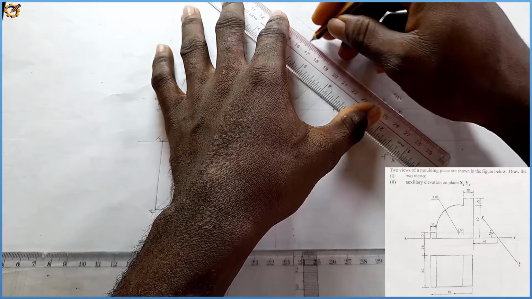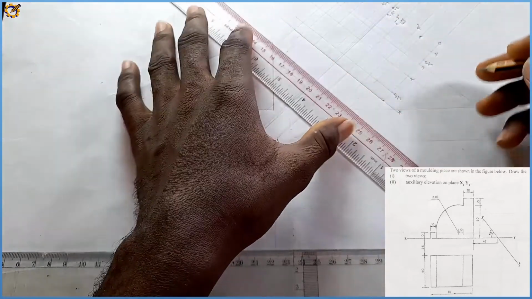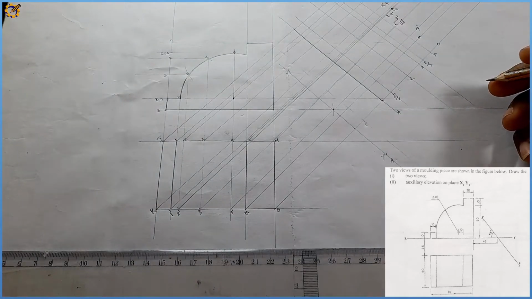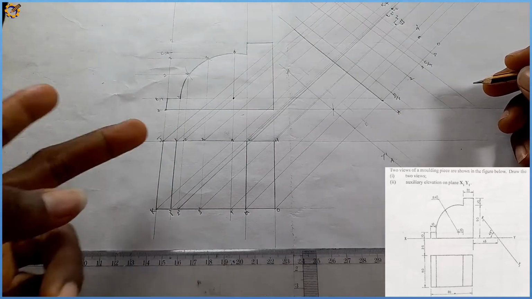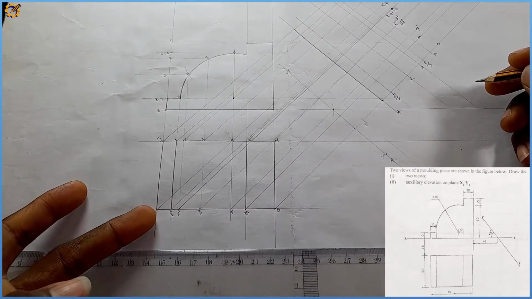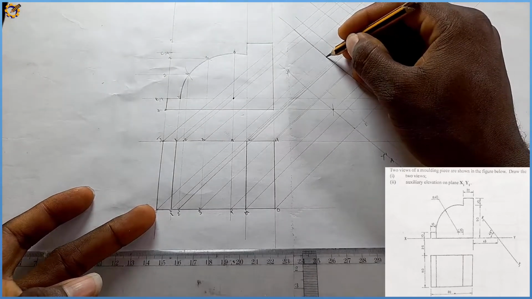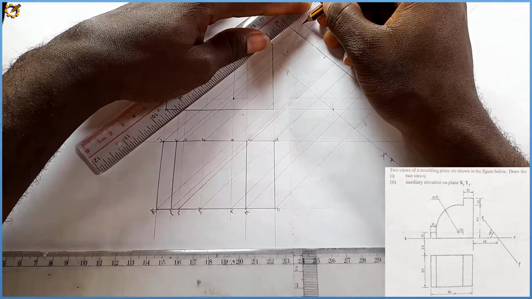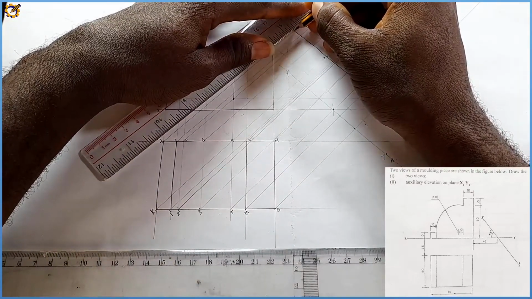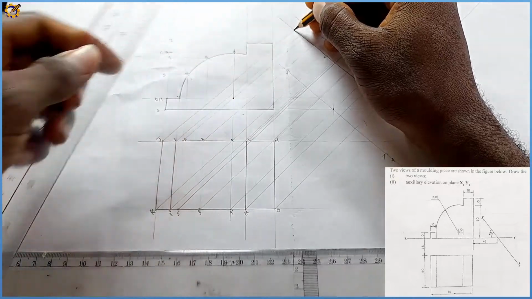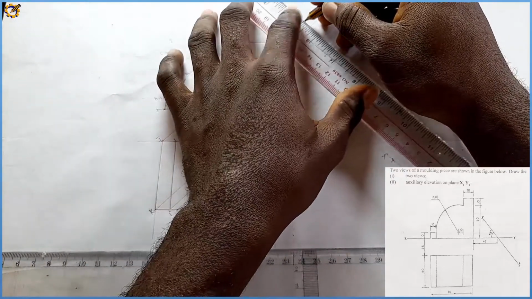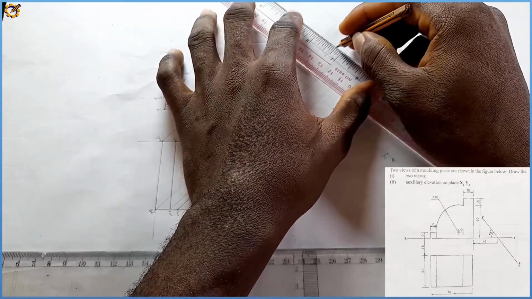This base, I'm going to take in straight away like that. J to K is also visible, and this is our K here, K to J.